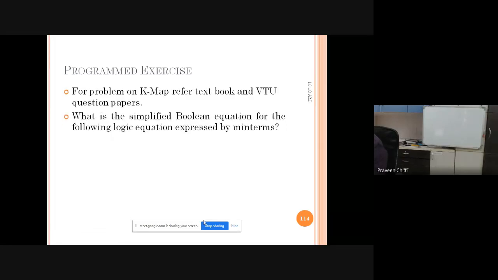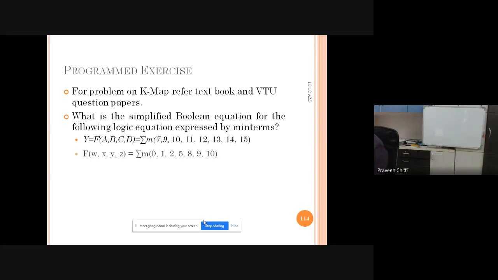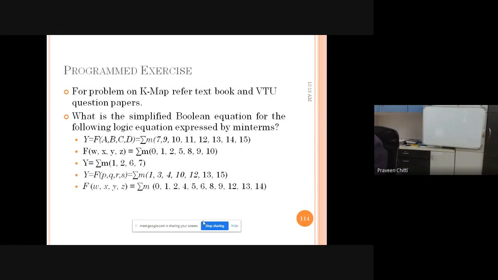Almost all the examples we have solved on the K-map. These are some of the other examples. I think I have already covered these also. If not, you can note them down and do them. Such kinds of examples I have also told how you should simplify using K-map.